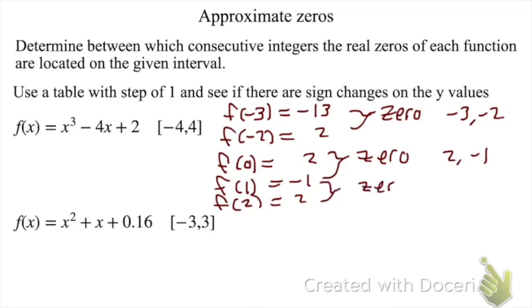So we have a 0 between 1 and 2. That's all we're going to be doing on this. That's for the most part. As you look at these, pull a table up, see between which integers we have a 0. These are all continuous functions on these intervals. So if we have a sign change, we must have a 0 between those two values of x.